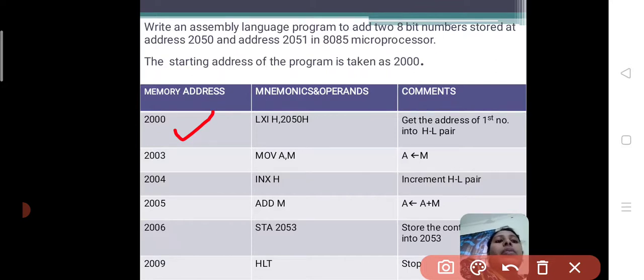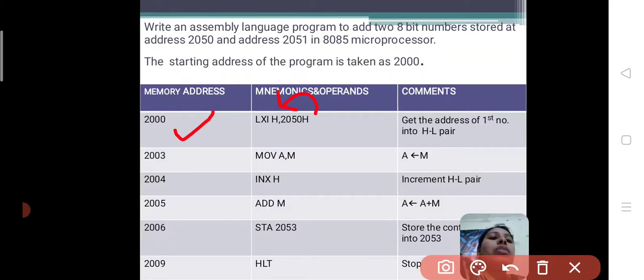Next, the comment section. The comment explains what instructions are to be performed. First I have to load the memory address 2050, so I give the instruction LXI H, 2050. Here the memory address 2050 is loaded into H, where H means the HL pair.